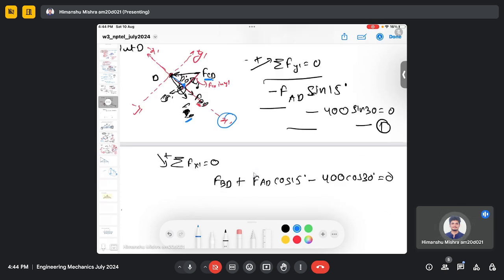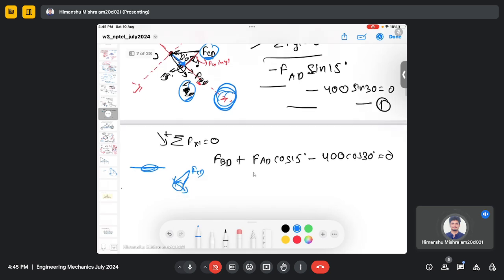So for all the forces like FAD and FCD, I am considering the component along this x dash direction. This is our force CD, and you need to define the component in this direction, which is 400 cos 30, and similarly with AD.